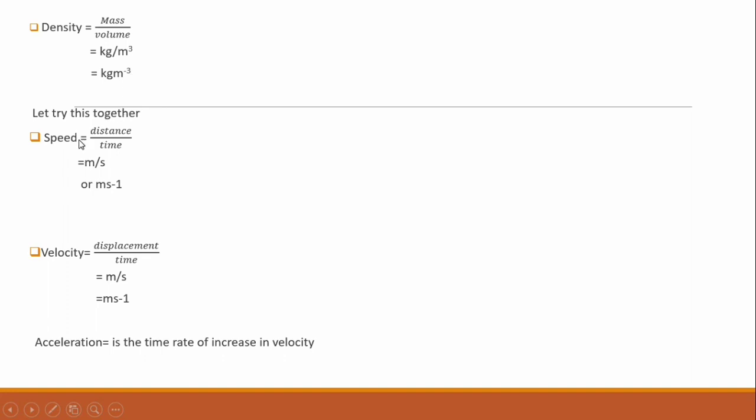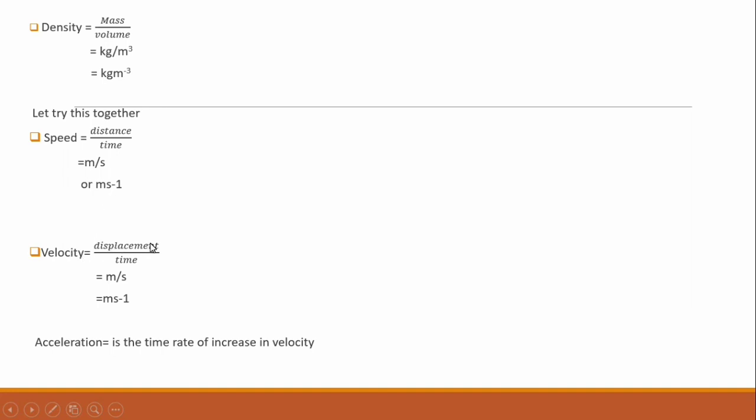Let's do this. Speed. Speed is distance divided by time mathematically, and the unit for distance is meter, and the unit for time is seconds. So it will give us meter per second, or m s raised to power of -1. Velocity.